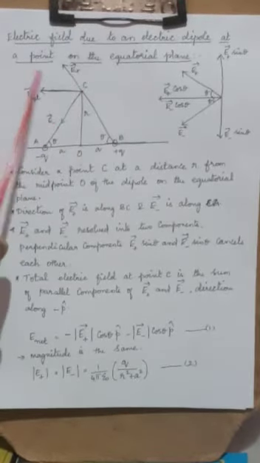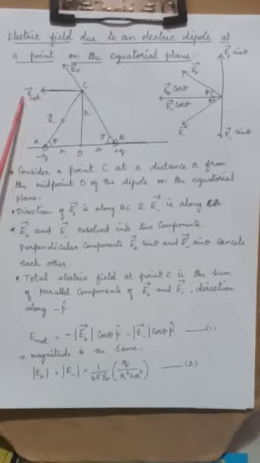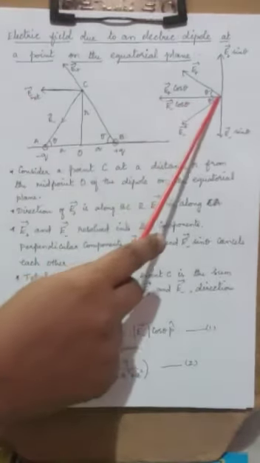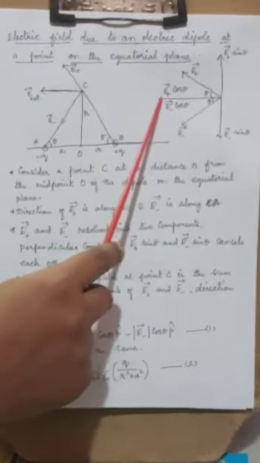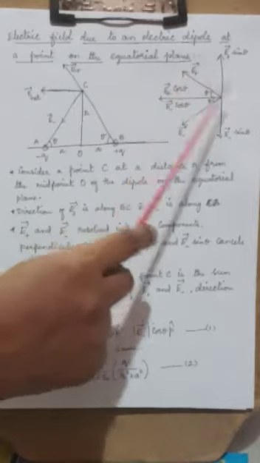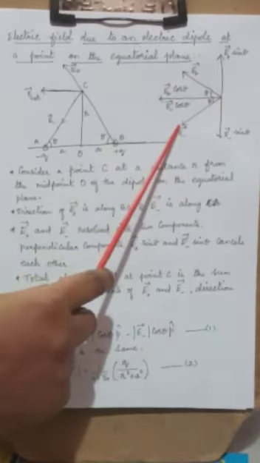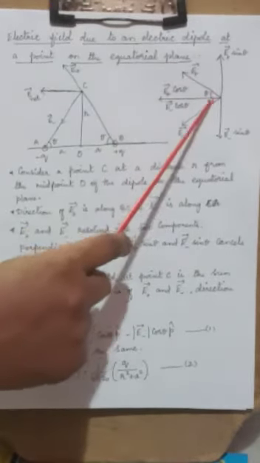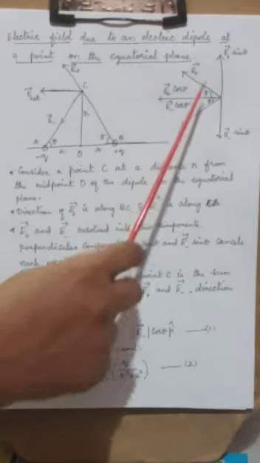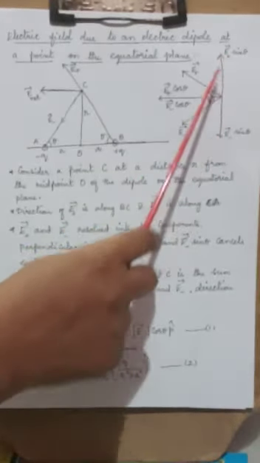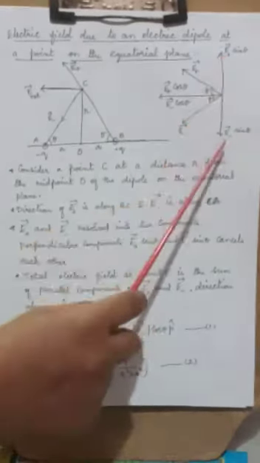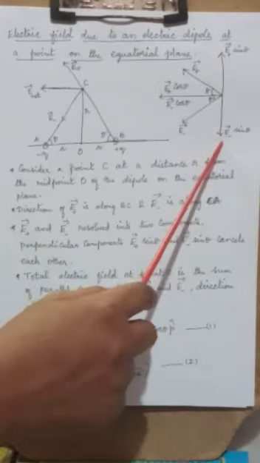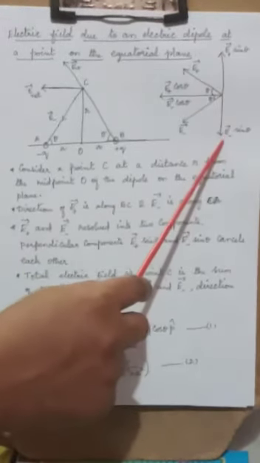Now I can resolve this into two components. This is the net electric field, this is E plus and this is E minus, one away and one towards. So you will have E plus sine theta and E minus sine theta, and they both cancel each other.